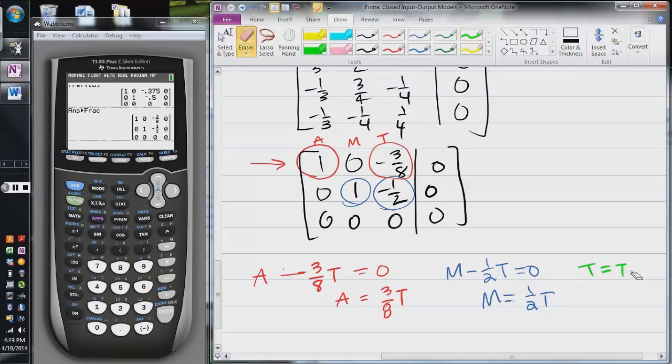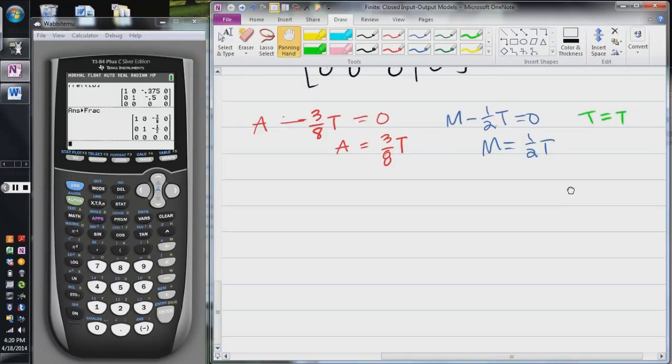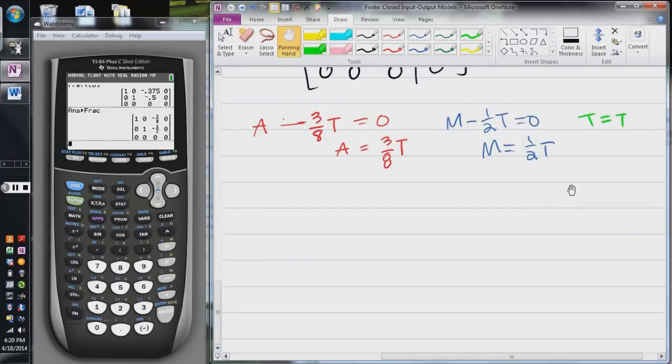So if I was looking for a unique solution, I won't be able to find one, but I can write the three in terms of transportation: 3/8 t, 1/2 t, and t.